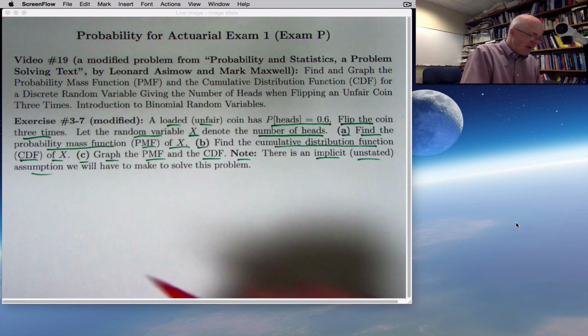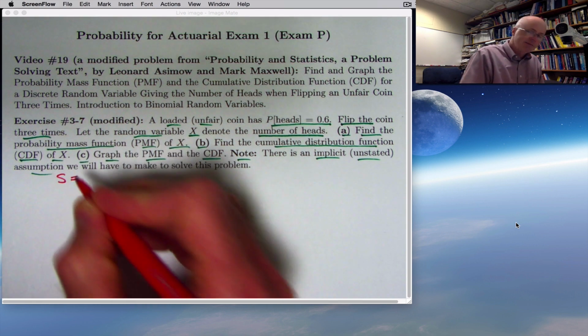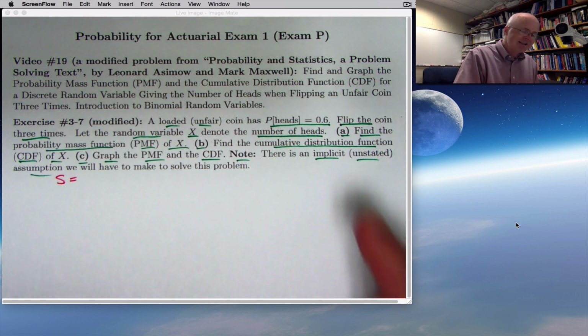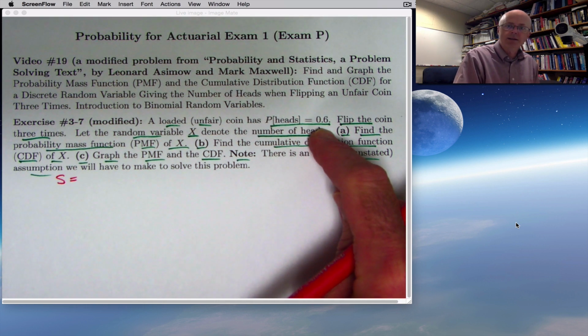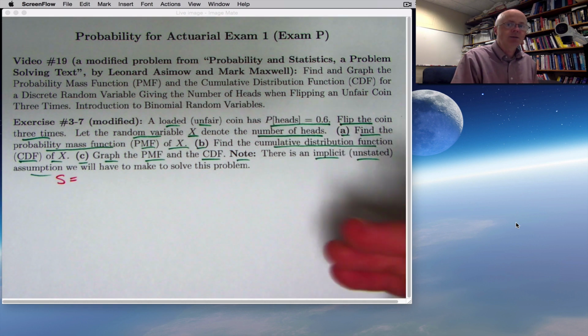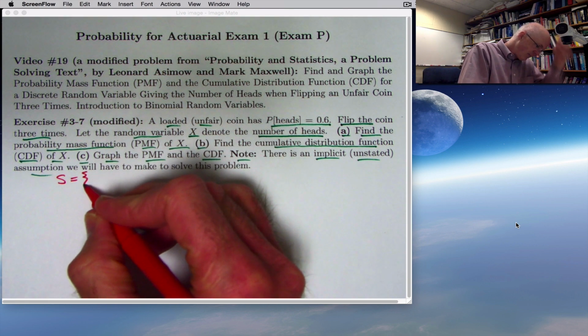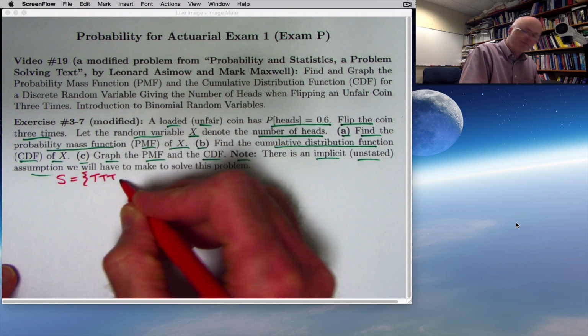All right, we can start by listing out the sample space of possible outcomes when you flip a coin 3 times. However, because it's an unfair coin, you should realize that the individual outcomes are not equally likely, so you cannot use the simpler approach of just counting outcomes. You could get 3 tails, TTT.